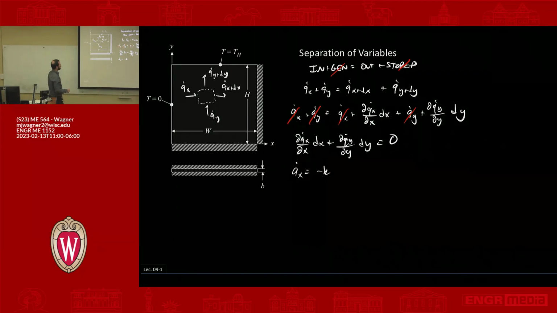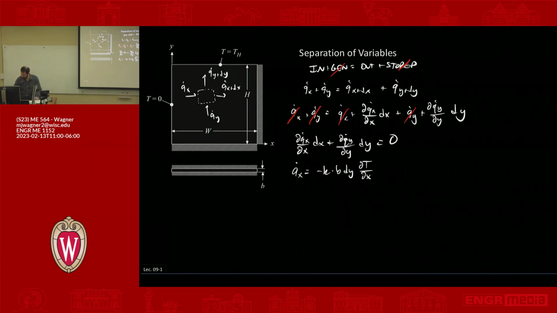The cross-sectional area available for heat flow in x is going to be dy times b. So we have k times b times dy times our differential operator of T with respect to x. So this is Fourier's law in the x direction.